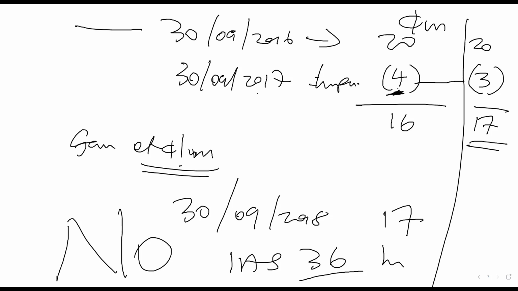So we have to reverse the 1 million. How do you reverse it? Impairment is in the P&L, and they have made a gain. So they've taken this gain to other income.